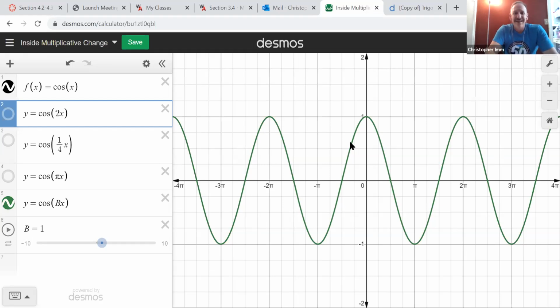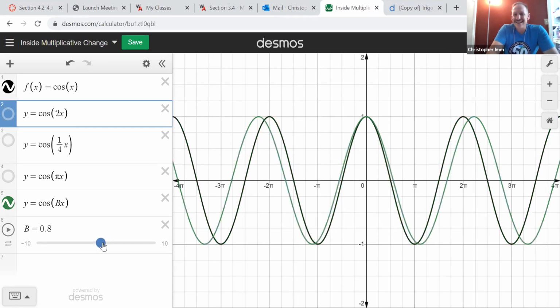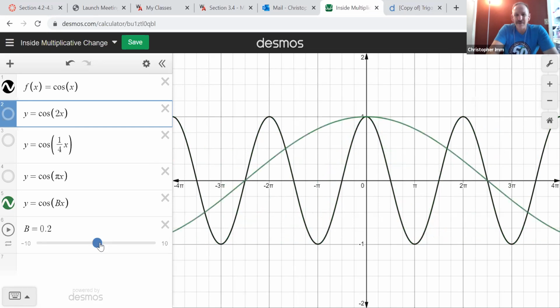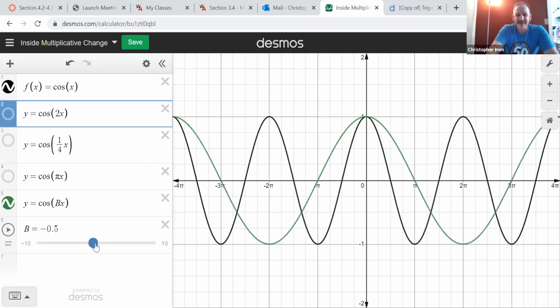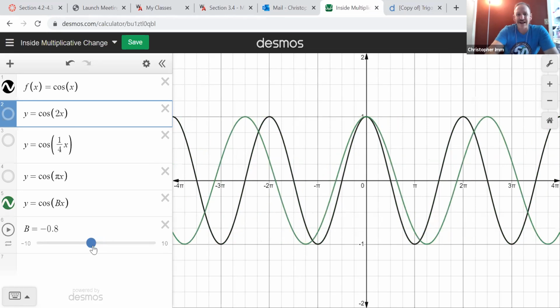You got it. Now, here's the deal with cosine, though. We talked about sine being an odd function, but cosine's an even function. So when we make this negative, it's not really going to seem different. It will flip over that axis, but it's going to look very similar, in fact, the same.